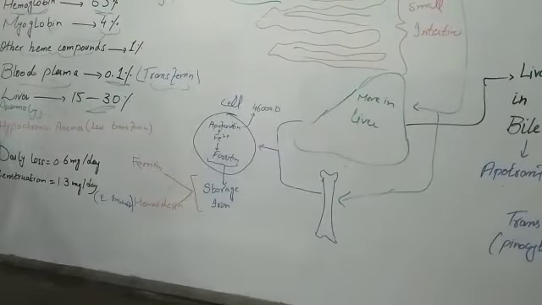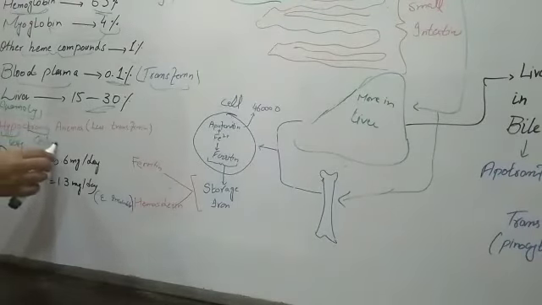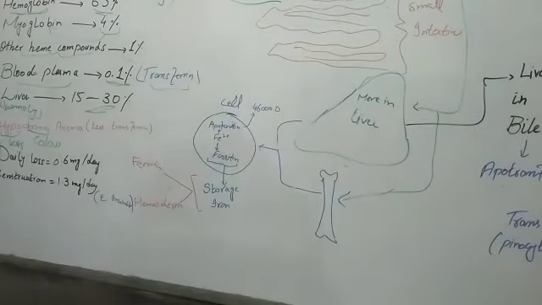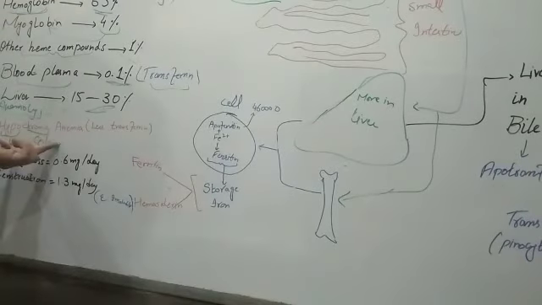What is meant by hypochromic anemia? Hypo means less and chromic means color. Because when we are deficient in iron, our hemoglobin synthesis will be affected, and whenever there is hemoglobin synthesis malformation, there is less hemoglobin inside our RBCs and less oxygen conduction, which leads to hypochromic anemia.